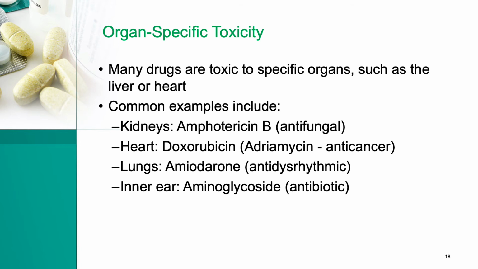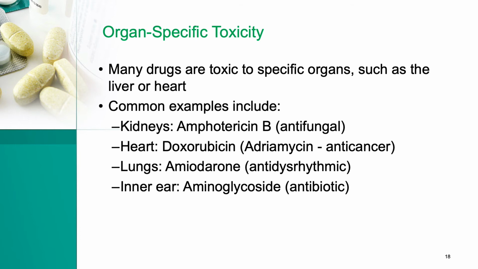The lungs may be affected by amiodarone, an antidysrhythmic. It is not known whether the problems caused by amiodarone are due to direct damage by the drug to the lung tissues, to an immune reaction to the drug, or to some other mechanism. The most common form of amiodarone lung toxicity is a chronic diffuse lung problem called interstitial pneumonitis.